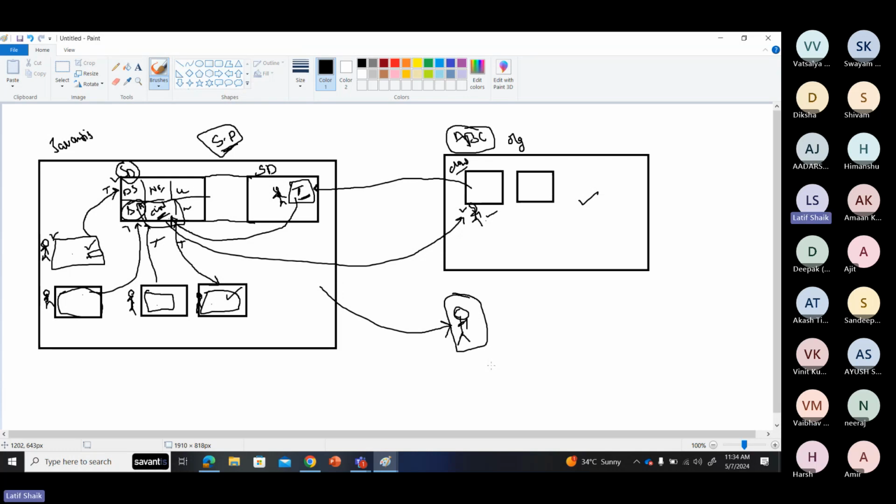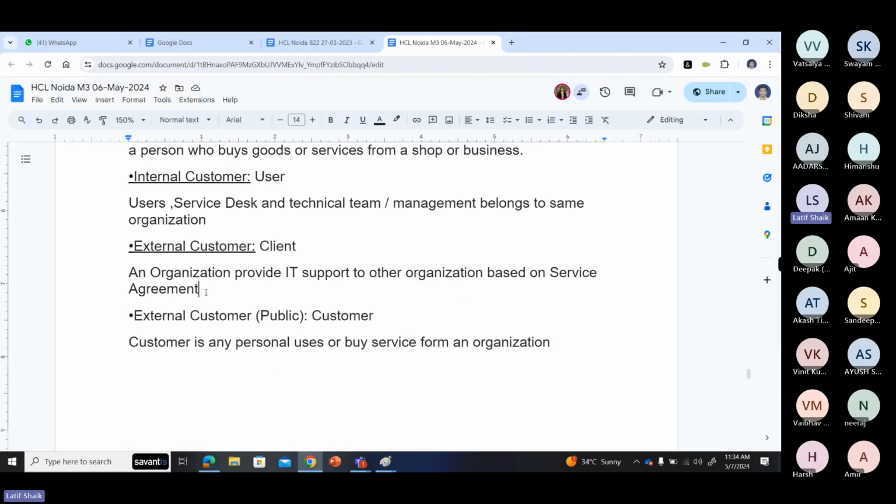You just pay money and you get a service. So this is not organization wise, it is individual wise. If it is individual wise, then the support is different. So I make that type of users public customers.